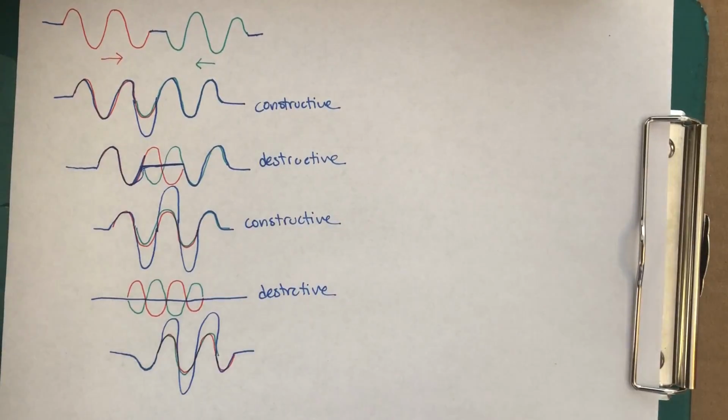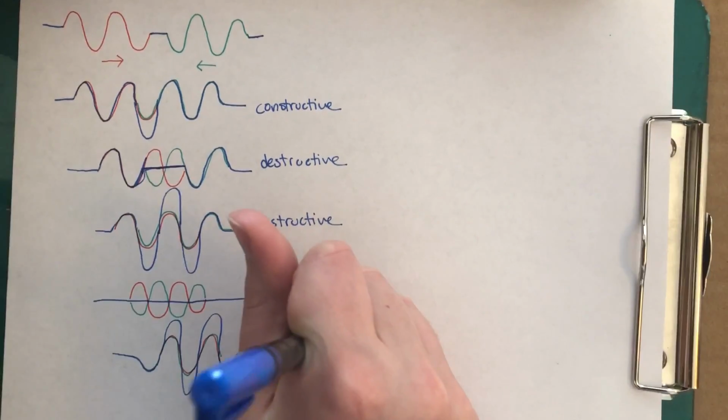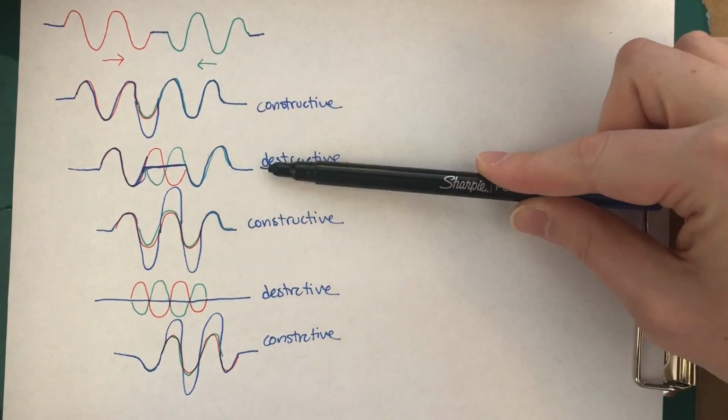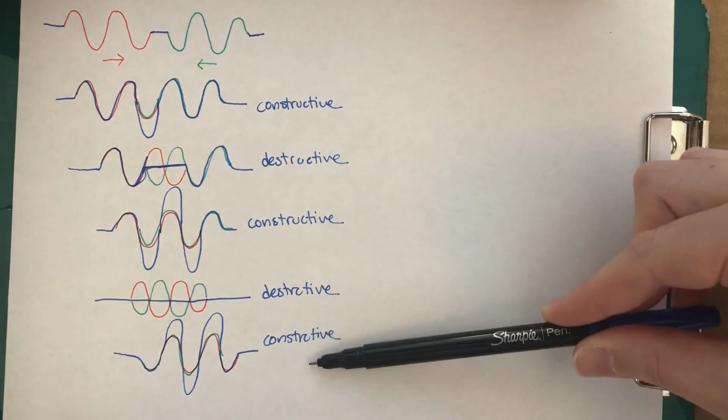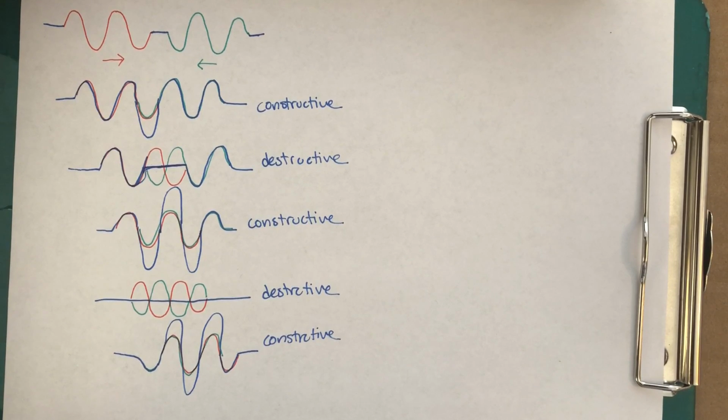And I drew the red and the green waves with just 2 cycles each. But really, when you have 2 periodic waves overlapping each other, this pattern would keep repeating. So we have constructive, destructive, constructive, destructive, constructive, as these 2 waves with the same wavelength moving in opposite directions overlap each other and interfere.